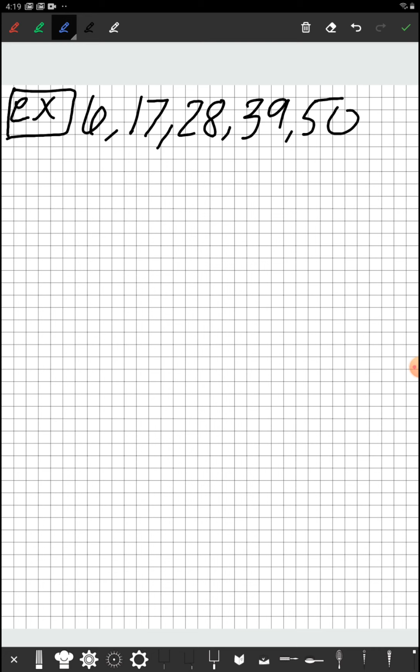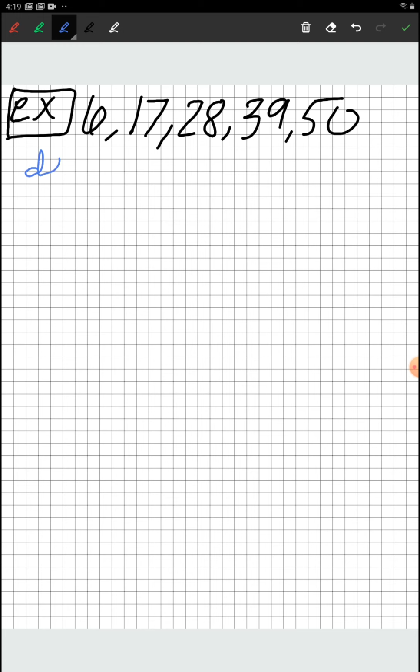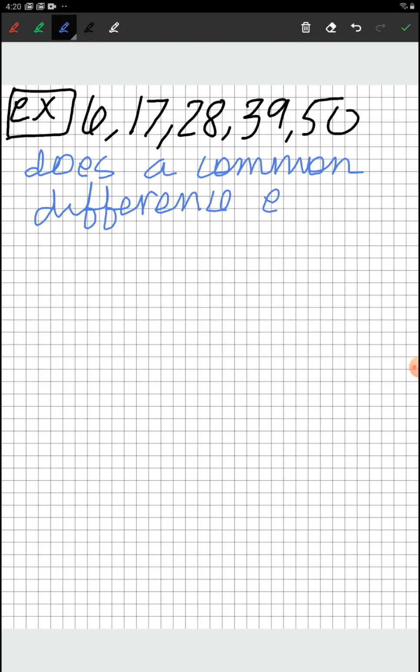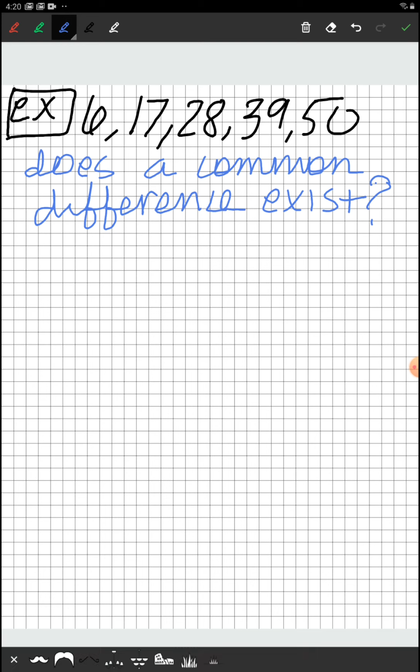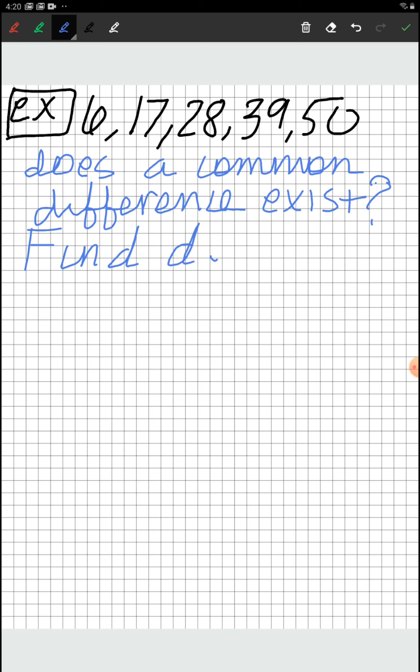Okay, so we can easily determine the common difference. The question is asking me to show that this sequence is arithmetic. In other words, does a common difference exist? So find D, if any. The easiest way, if you can't just look at it and tell, is to start subtracting.